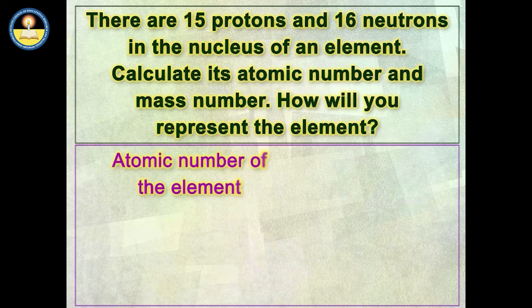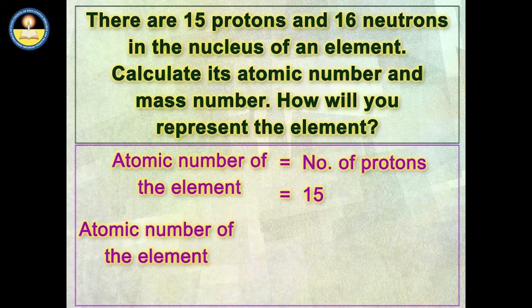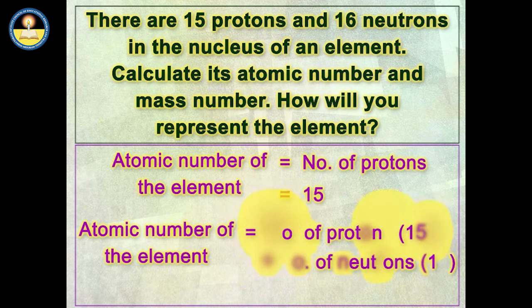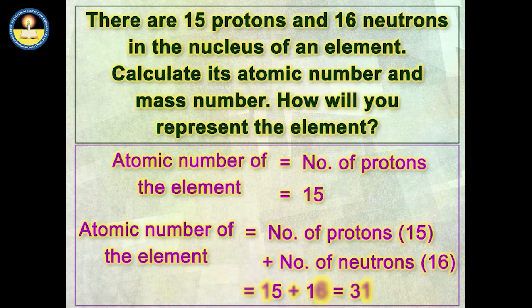Atomic number of the element is equal to number of protons, which is equal to 15. Mass number of the element is equal to number of protons plus number of neutrons, which is equal to 15 plus 16, that is 31.